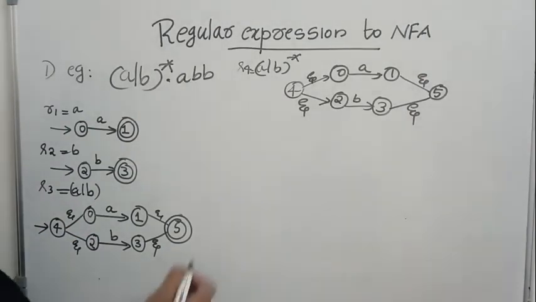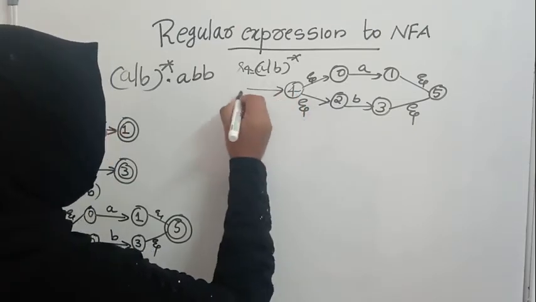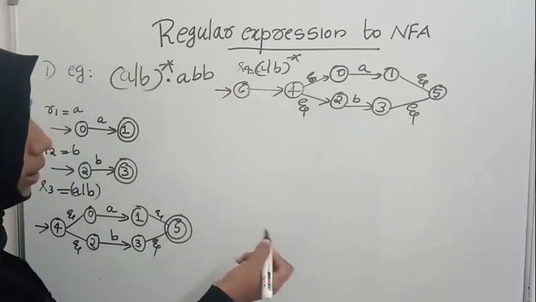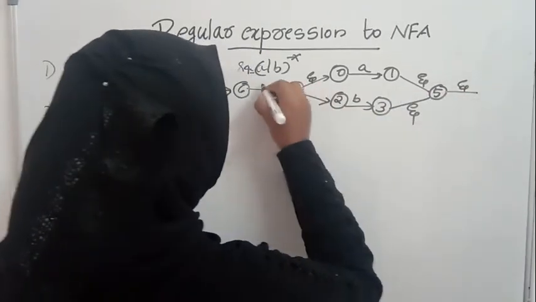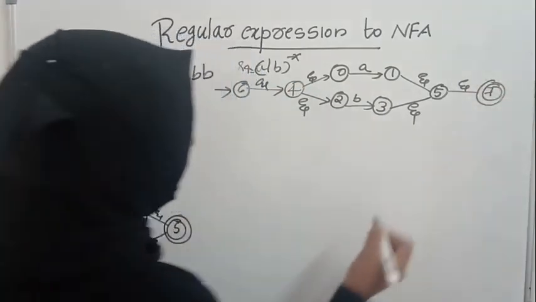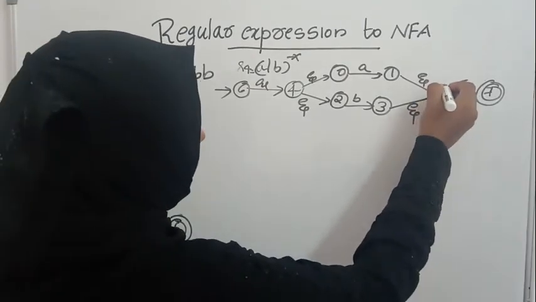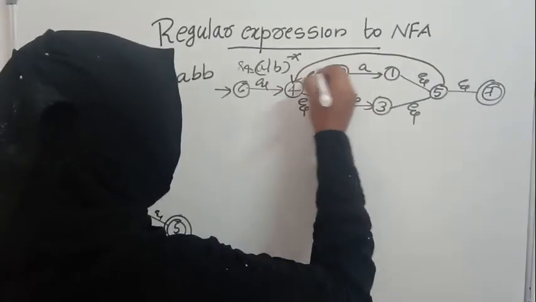Now to include star, you know that you should be adding a new start state, say 6, and a new final state, say 7. Now as it is (A or B) the whole star, this NFA should be able to be repeated any number of times, isn't it?